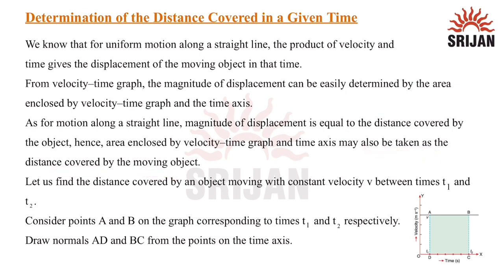Now, to find out the distance covered by an object moving with a constant velocity v between the time t1 and t2, we consider 2 points A, B on the graph corresponding to time t1 and t2 respectively.